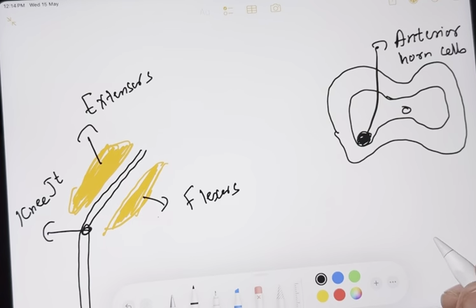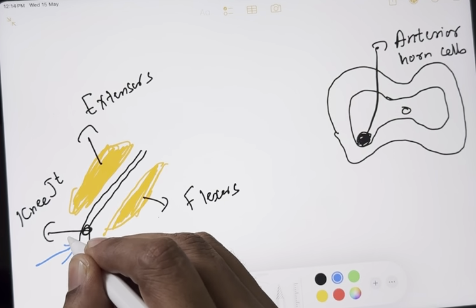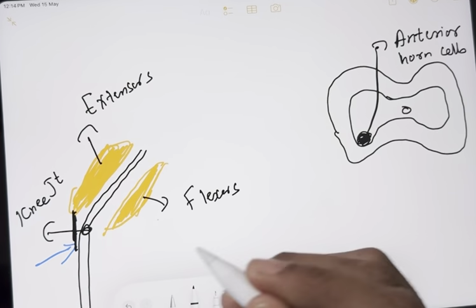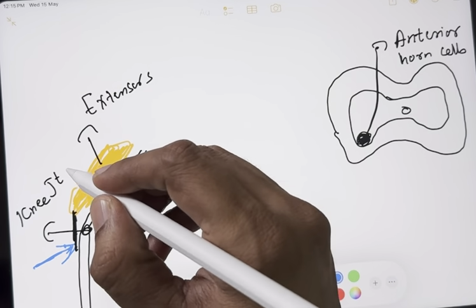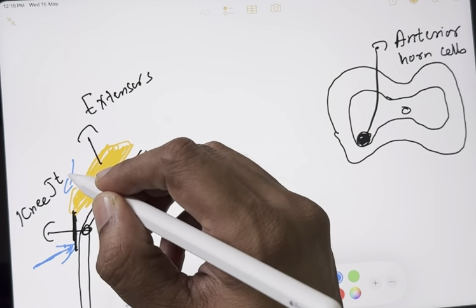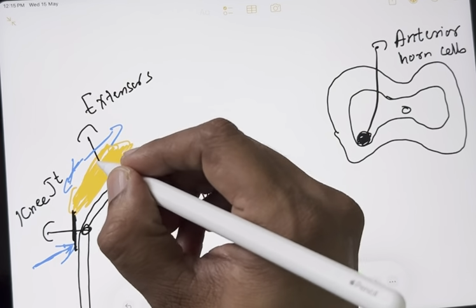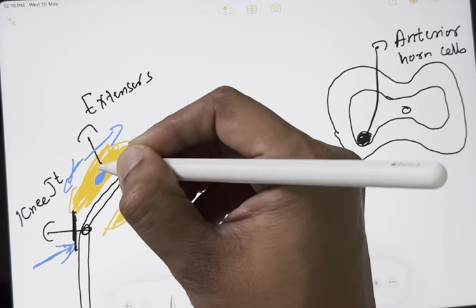Now how does this reflex take place? Let us discuss. When we hit the tendon here, consider this as a tendon, this blue arrow you can see, there is a stretching of the muscle. Due to the stretching of the muscle, the stretch sensitive receptors are activated.